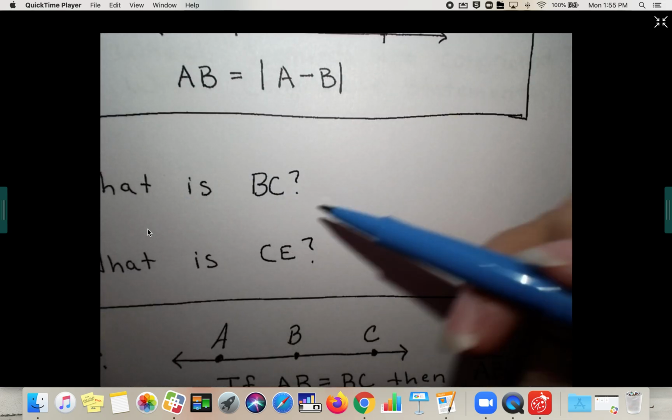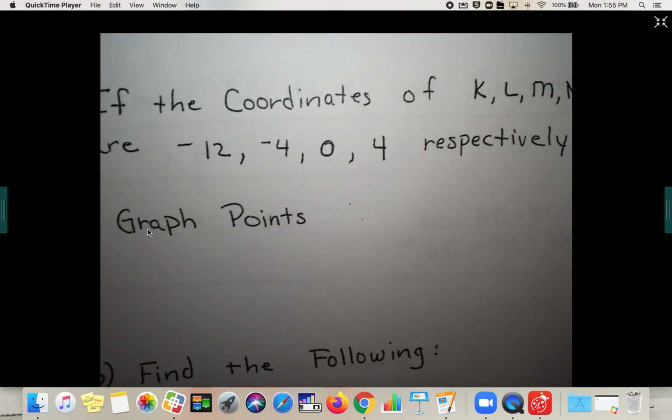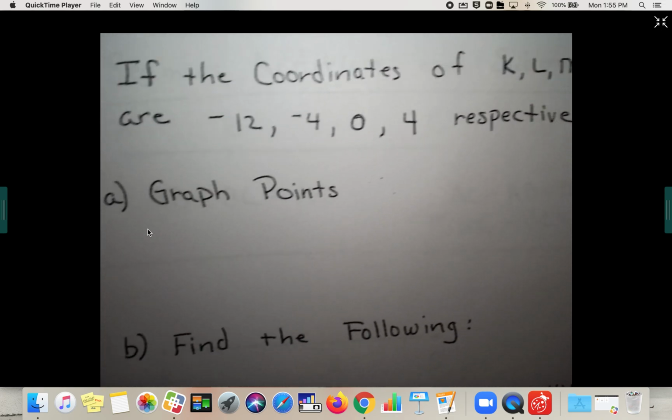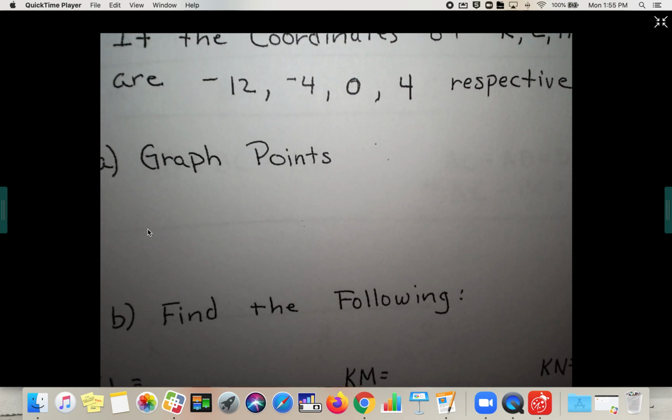Okay, we didn't really talk about this yet, but let's go ahead and go to the next page. It says if the coordinates of K, L, M, and N are -12, -4, 0, and 4 respectively, let's graph those points. So first we're going to draw them on a number line.